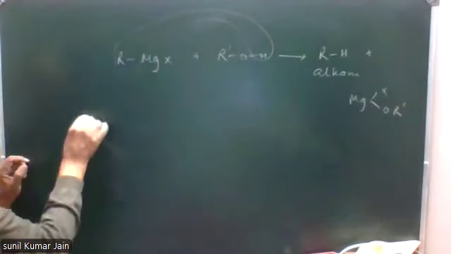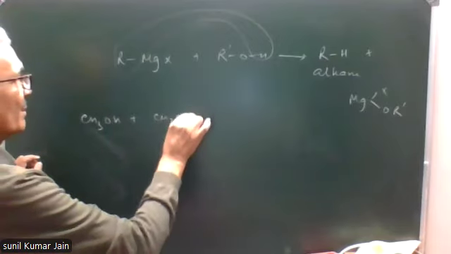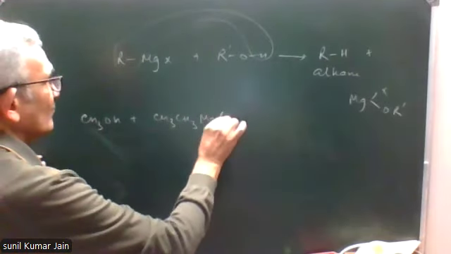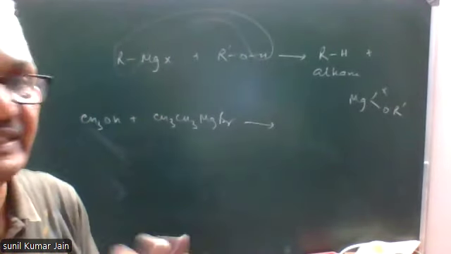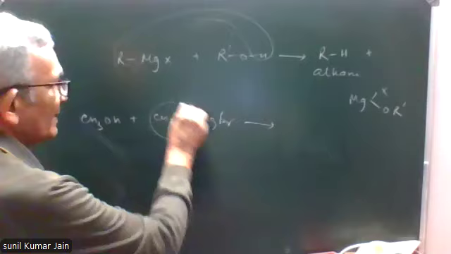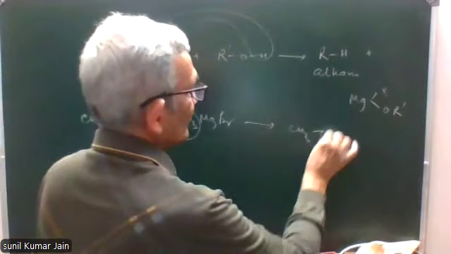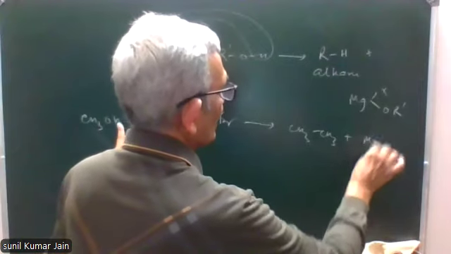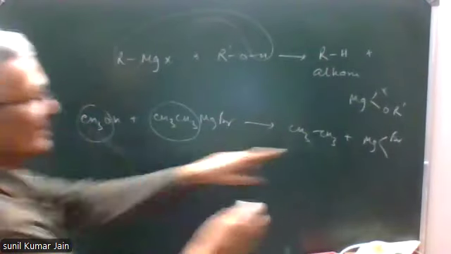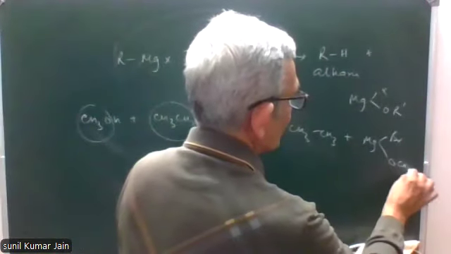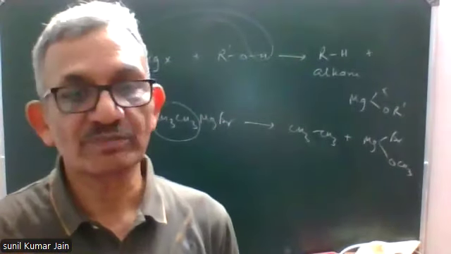We can take an example. Methanol. The product will be ethane: 2 carbon atoms in the Grignard plus hydrogen. This methoxy will come here. The byproduct is methoxy magnesium bromide.